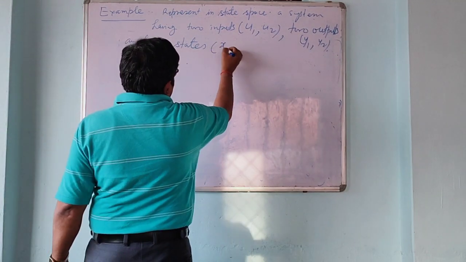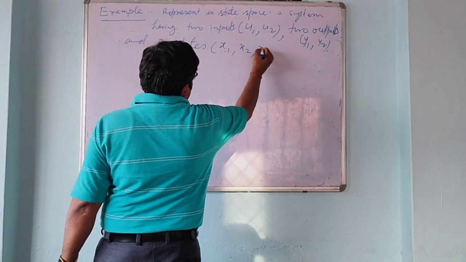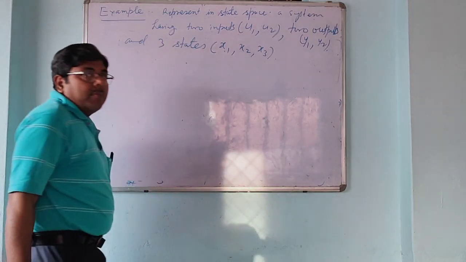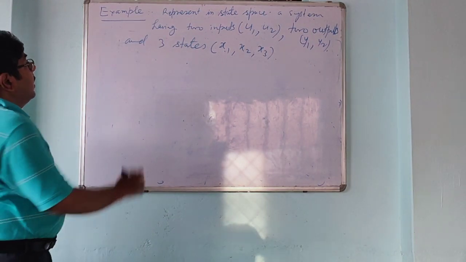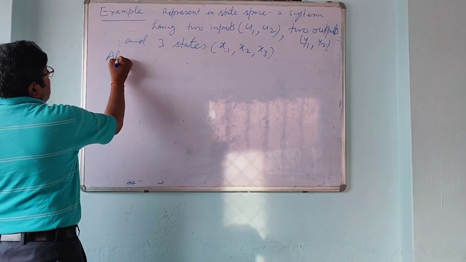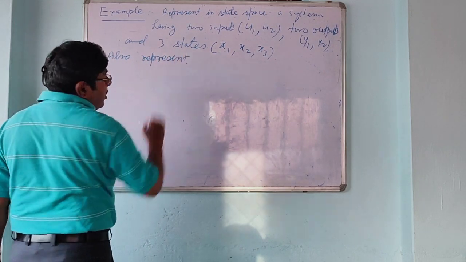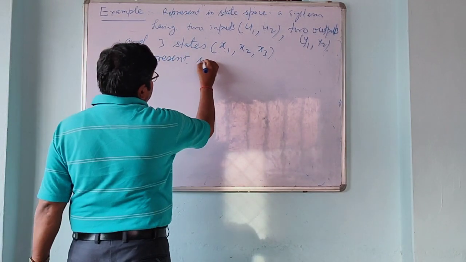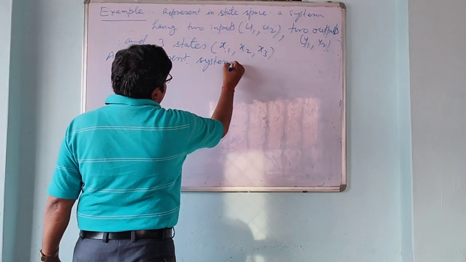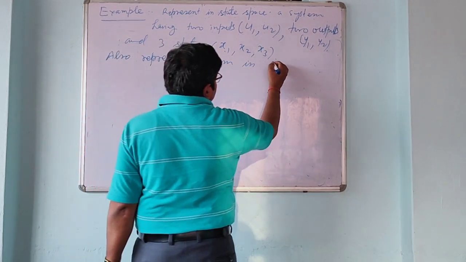These states are x1, x2, x3, and also represent the system in matrix form.